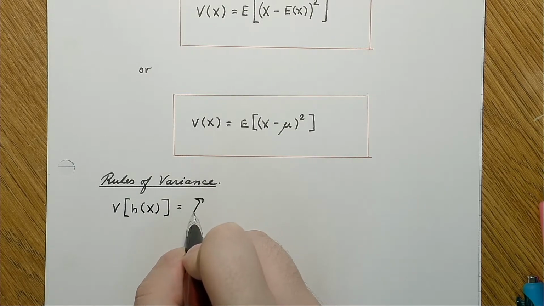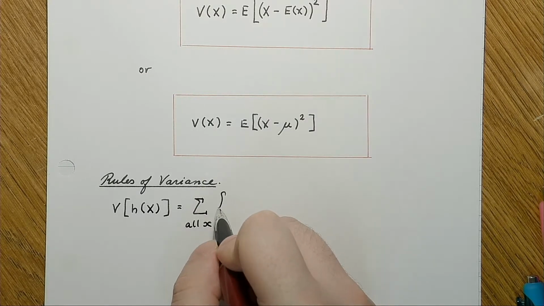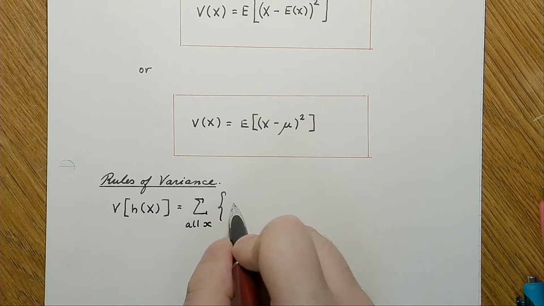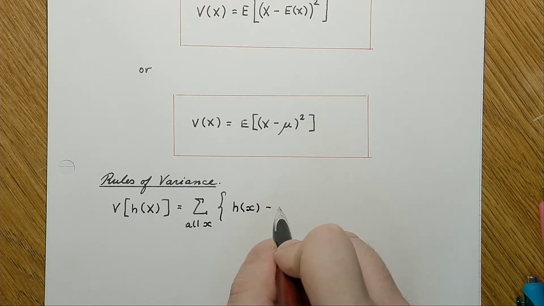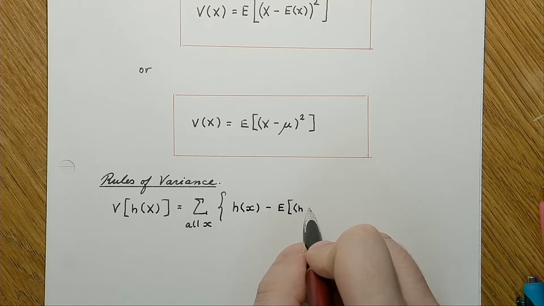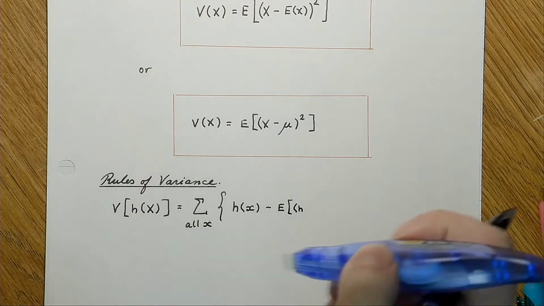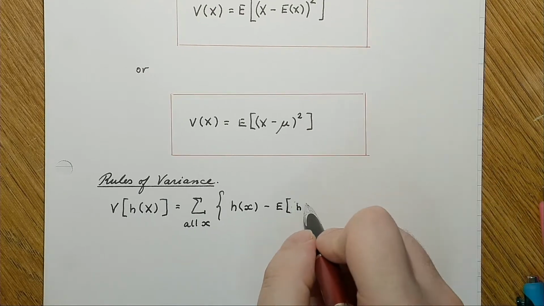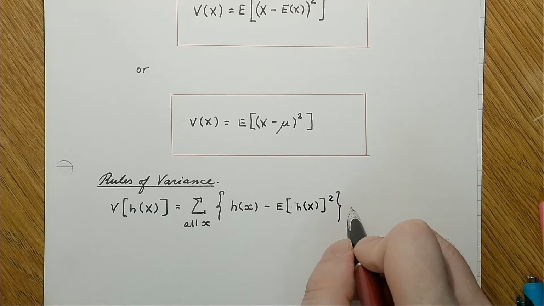And what we can do is write the sum over all x, and we'll replace x with h of x, so it's h of x minus the expected value of h of x, all squared, times its probability.